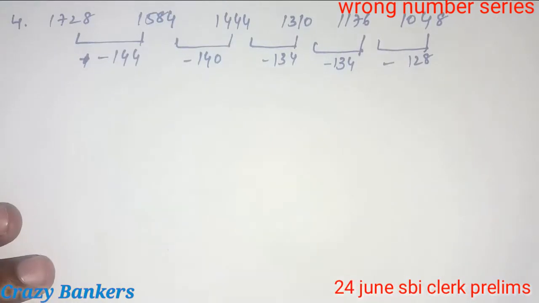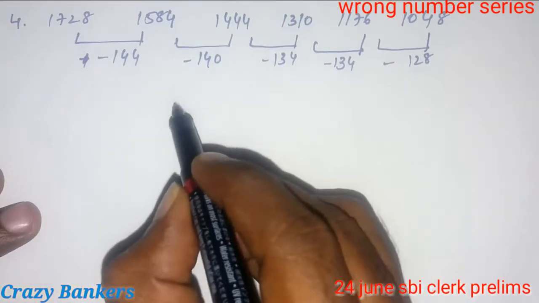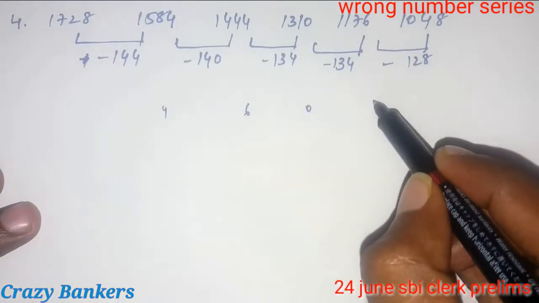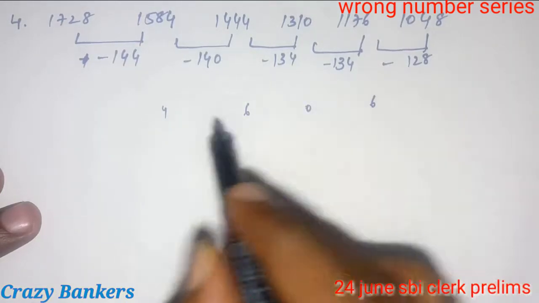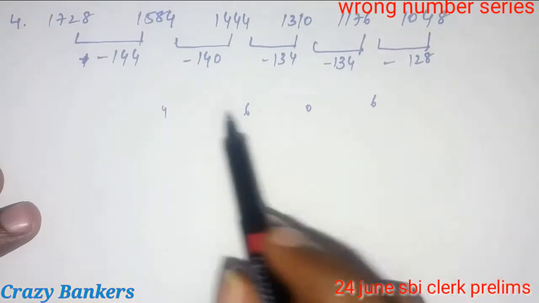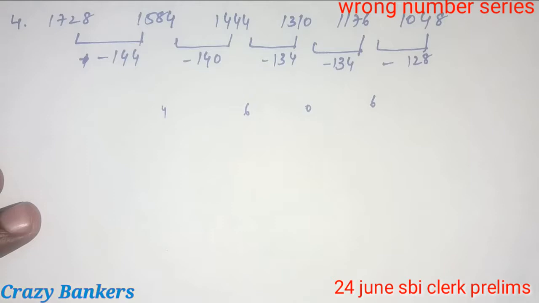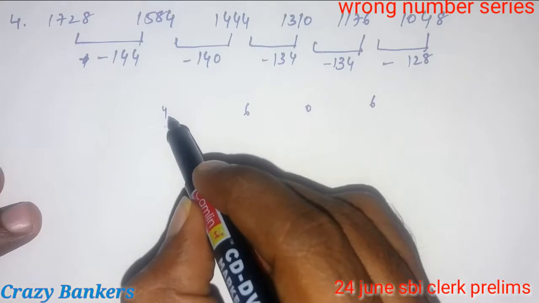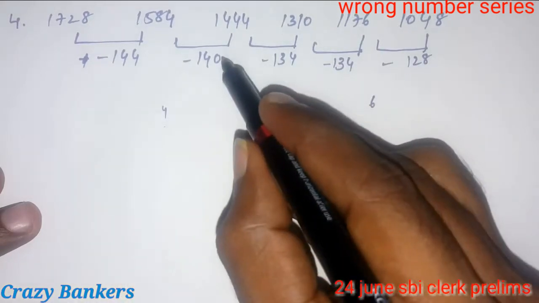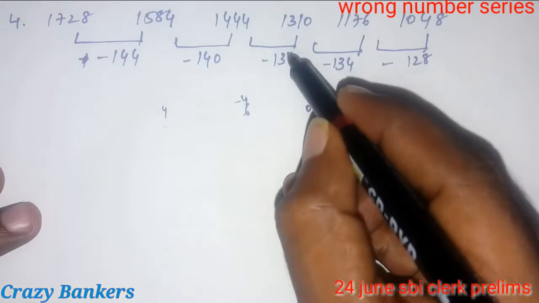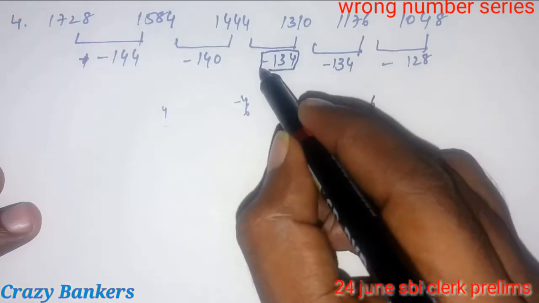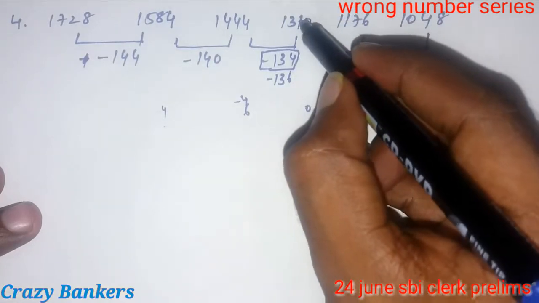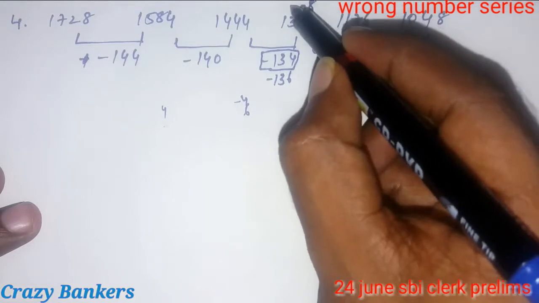Let's check. The differences are 4, 6, 0, 6, so the series may be 4, 6, 4, 6 or 4, 4, 4 something. Let's start with 4. 144 minus 4 is 140. Next, 140 minus 4 is 136, so it must be reduced by 2, that is 1308.